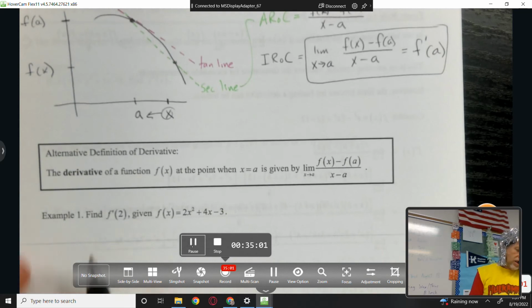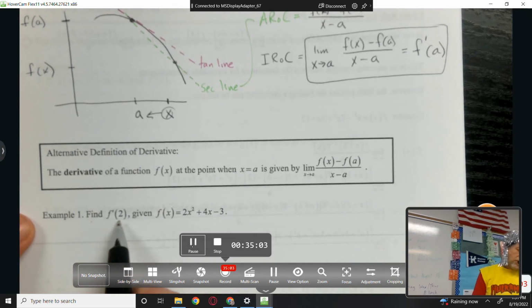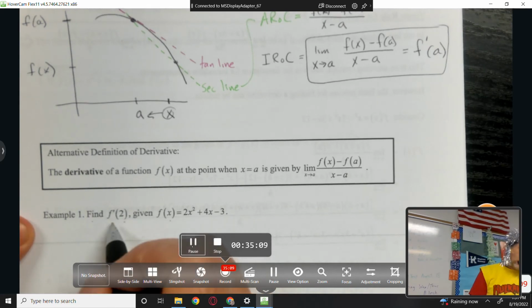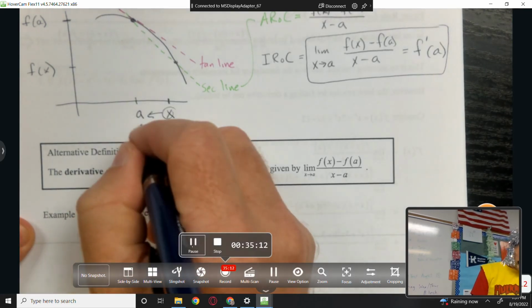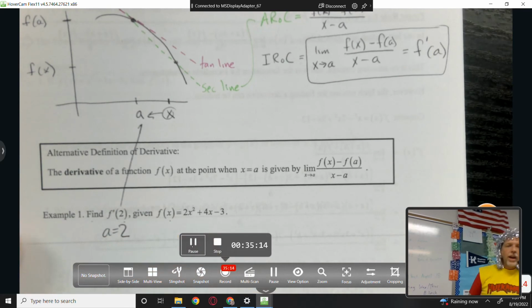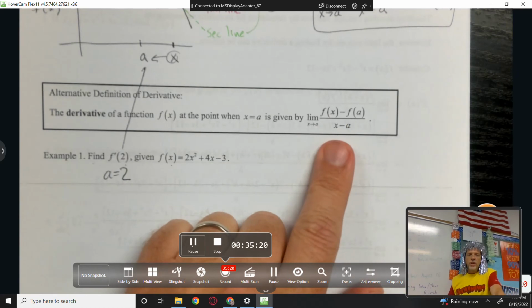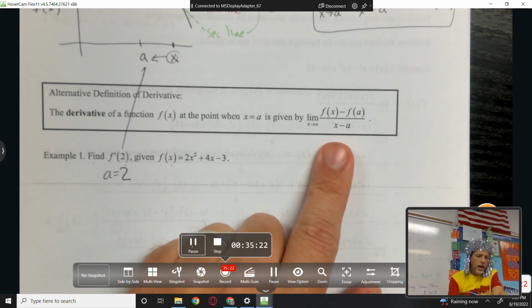All right, example 1. Find f prime at 2 given f of x equals that. So if we want it at 2, that means 2 is our a value here. So a is equal to 2 in that example. So I'm looking at my formula. F of x I know.